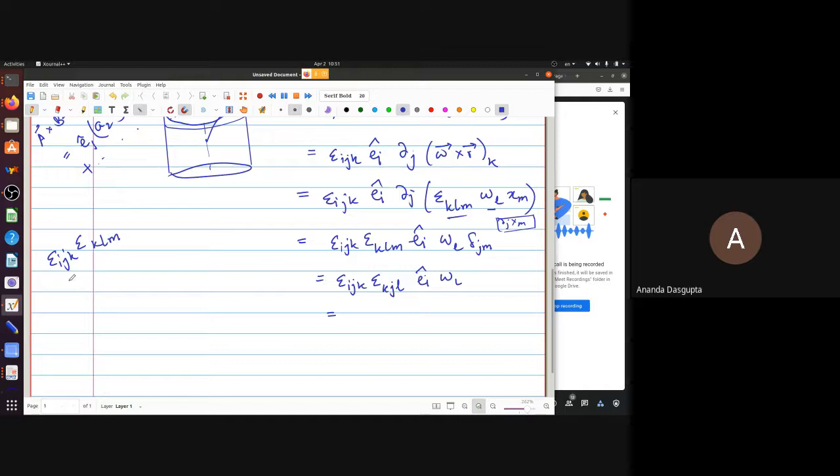One thing you have to remember: will this result depend on k, the final result?